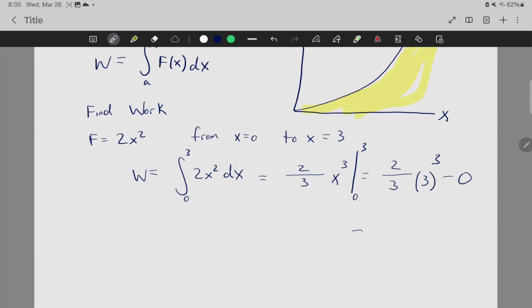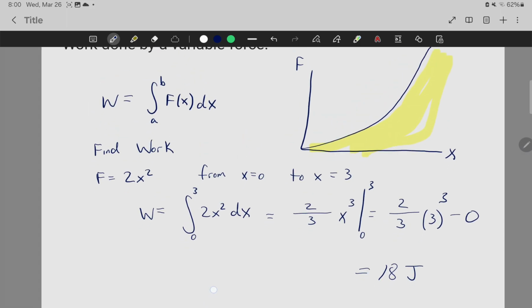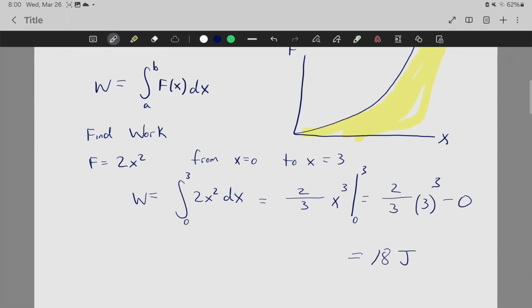This would just equal 18 joules. So this is saying if you have a force that is a function of x, defined by 2x squared for a distance from 0 to 3 meters, the work done from 0 to 3 meters is 18 joules.